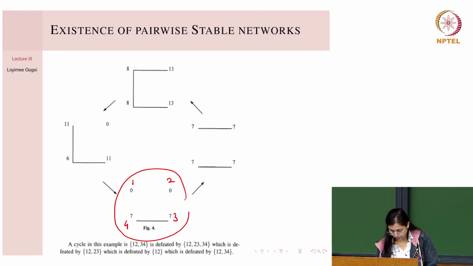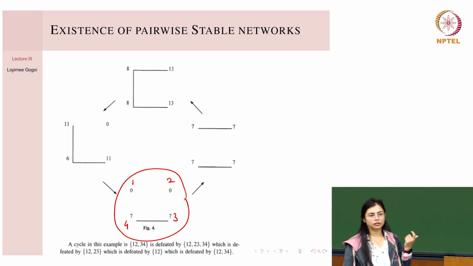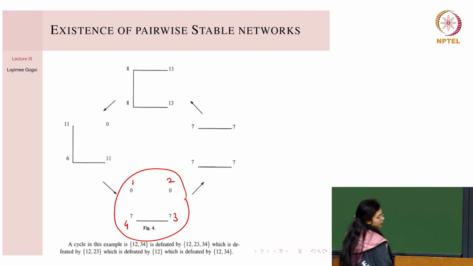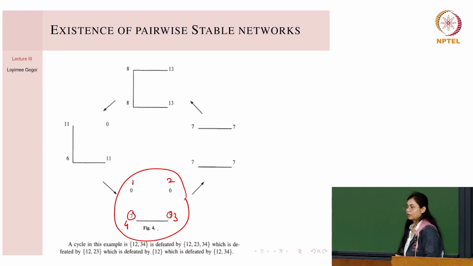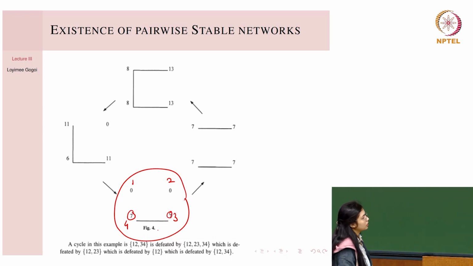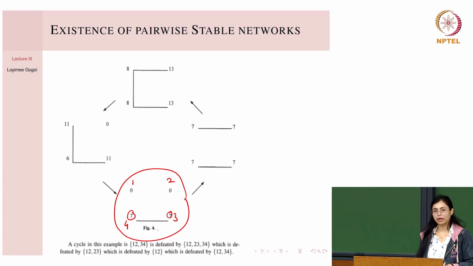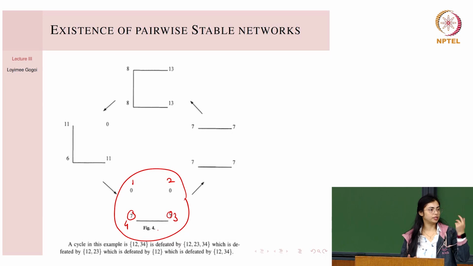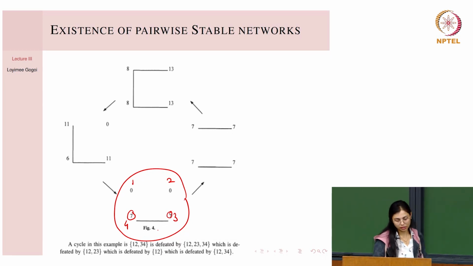Let's talk about this network. 1 is isolated, 2 is isolated, and 3 and 4 formed a link, and after that they got an equal amount. Let's say it is 7, 7. Here we are not talking about any particular allocation rule like the Myerson value or position value, it is any allocation rule we are talking about.